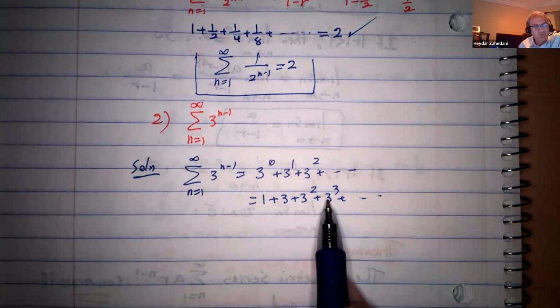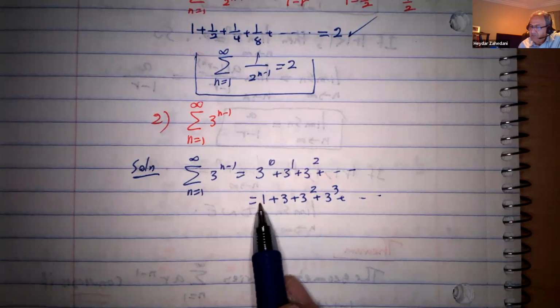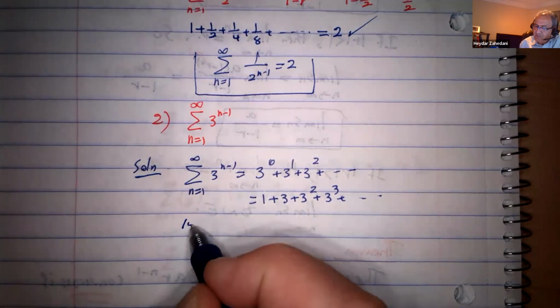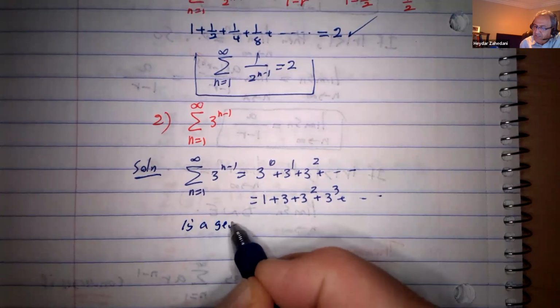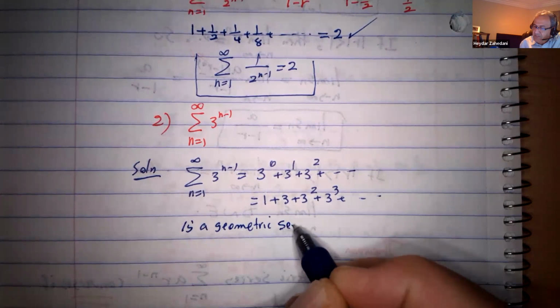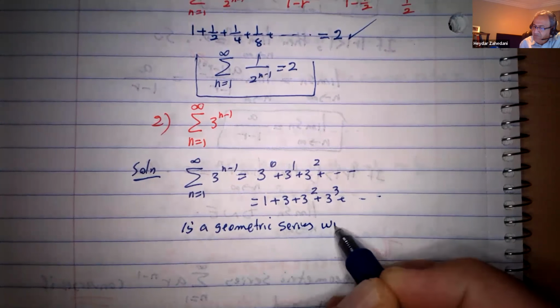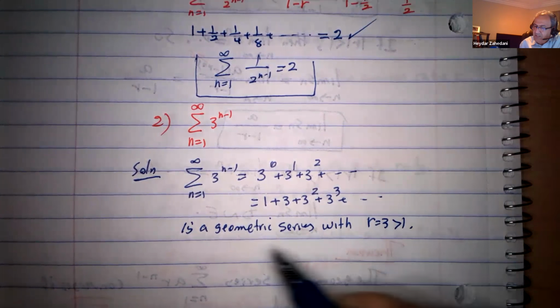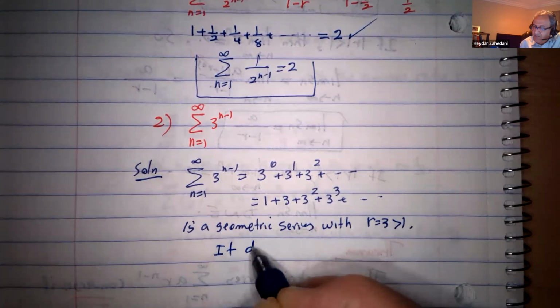The fixed term is 3, because if you divide these two, 9 divided by 3 gives you 3. So it's a geometric series with r equal to 3, which is bigger than 1. It diverges.